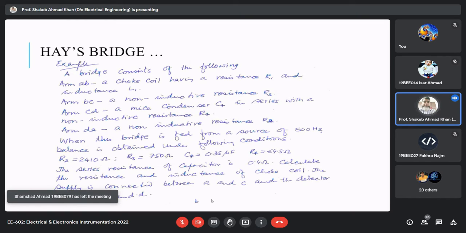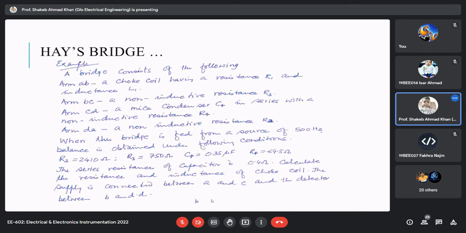So first of all you should calculate the quality factor of the coil. Then you decide whether you will use the approximate balance equation, or if the quality factor of the given coil is more than 10, then we can go for the approximate balance equation. If you are having any query, you can ask, please.